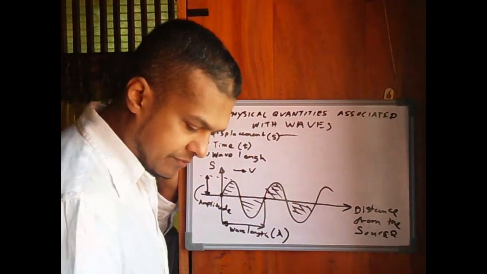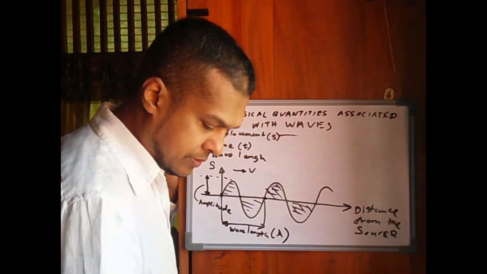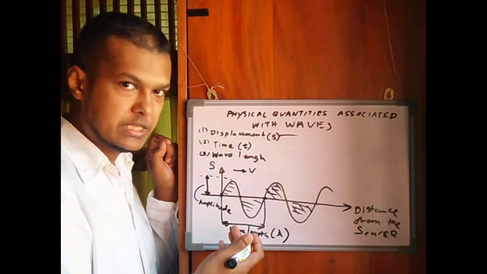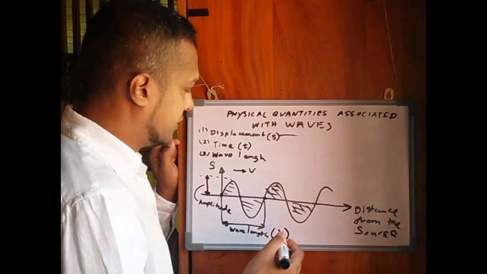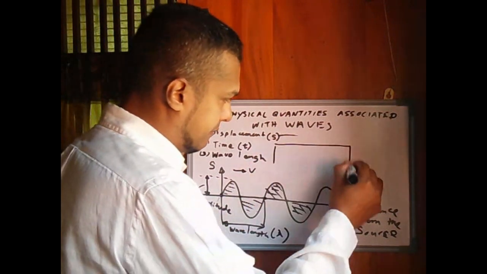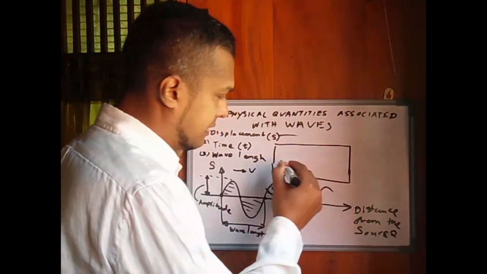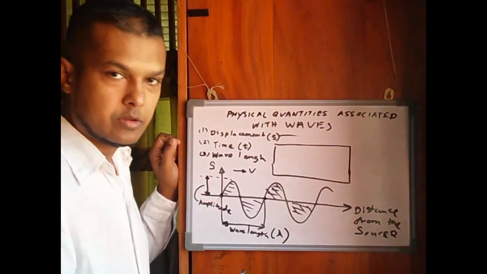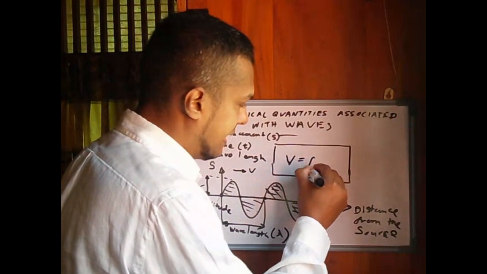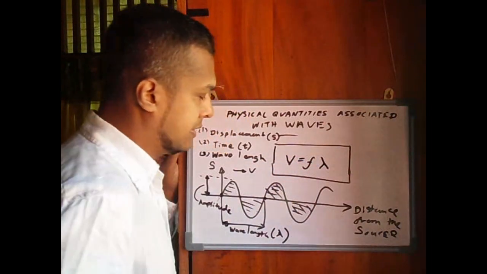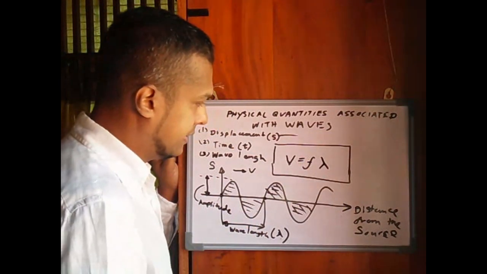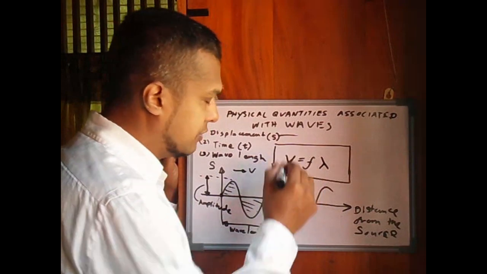And then we also have to think how these terms relate to each other. In physics we have a formula called V equals F lambda. As we know, lambda is the wavelength, and V is the velocity.